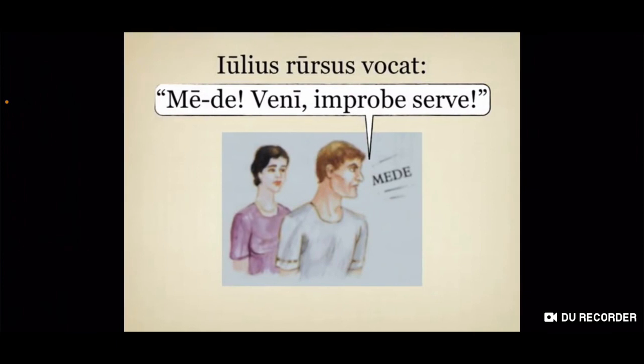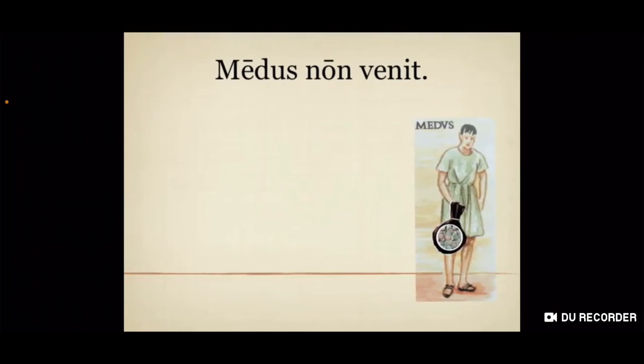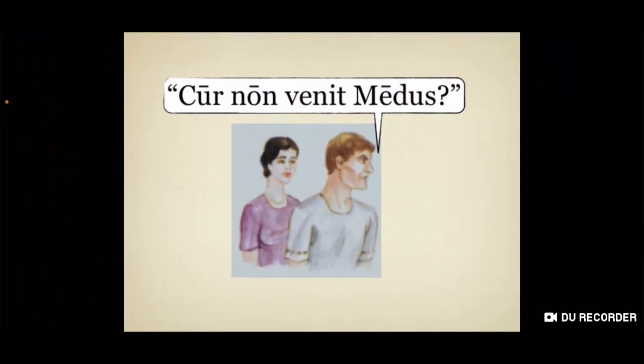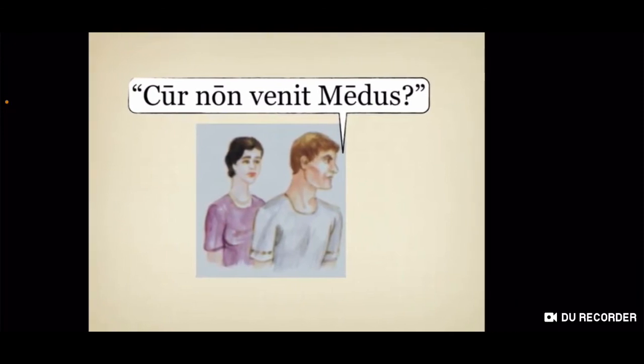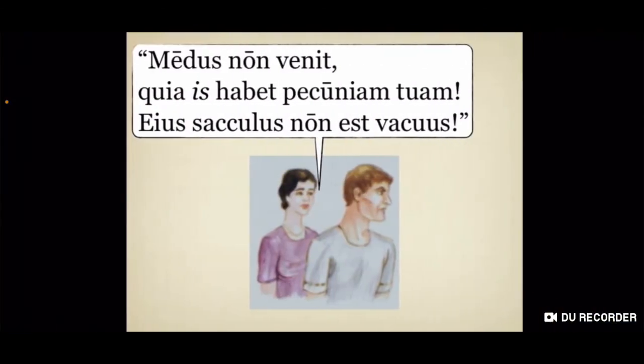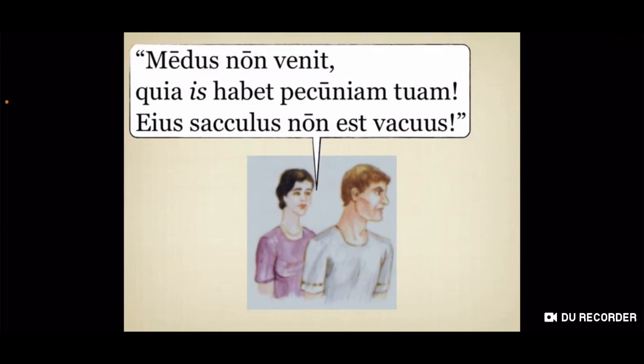Julius rursus vocat. Julius calls again. Mede, veni, improbe serve. Medus, come, dishonest servant. Medus non venit. Medus doesn't come. Cur non venit Medus? Why doesn't Medus come? Amelia dicit.